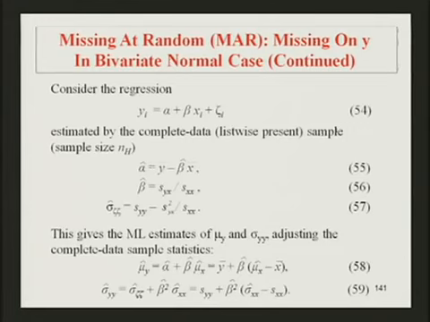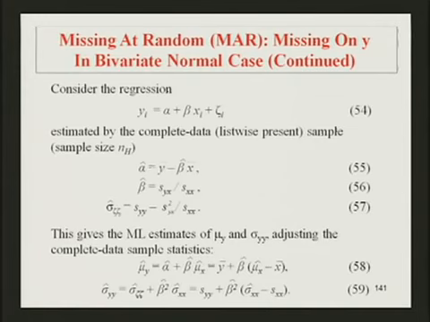For this data set on slide 139, with missing data on Y partially, you can estimate the parameters in the regression using the listwise present, the complete data group. So these are the complete data statistics that we're talking about.